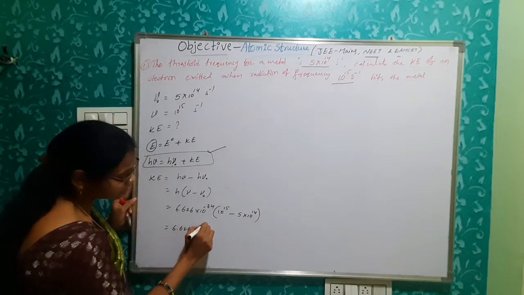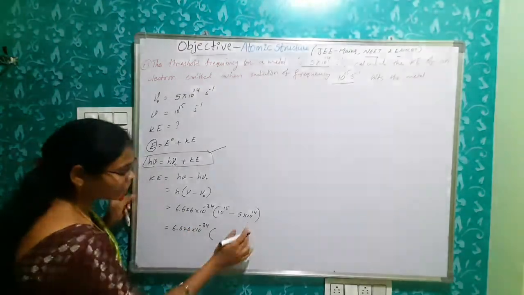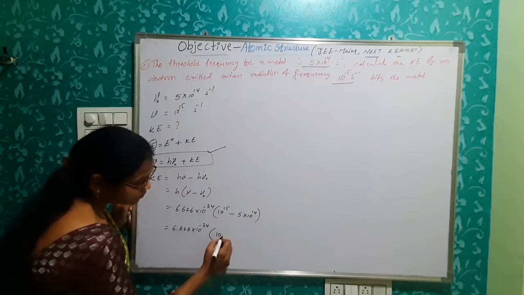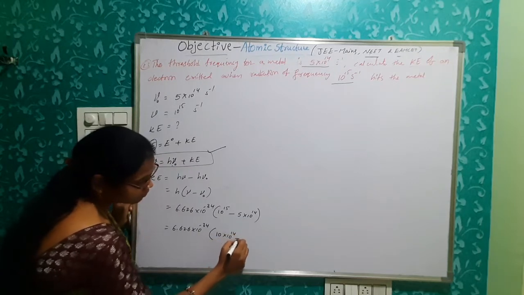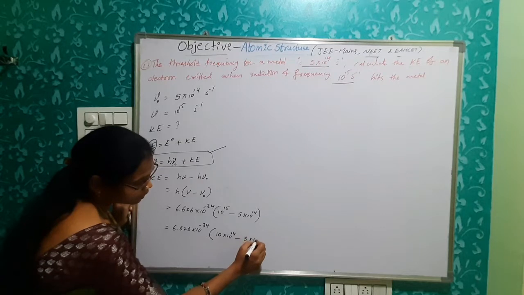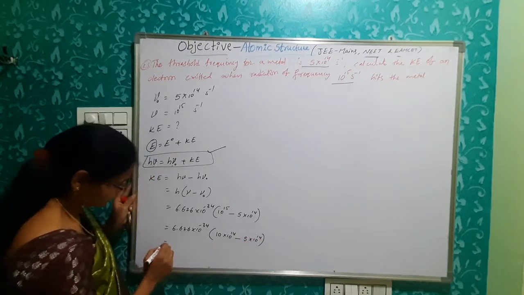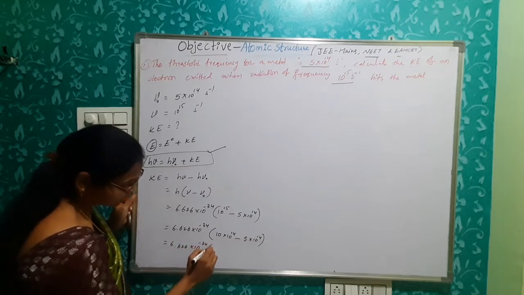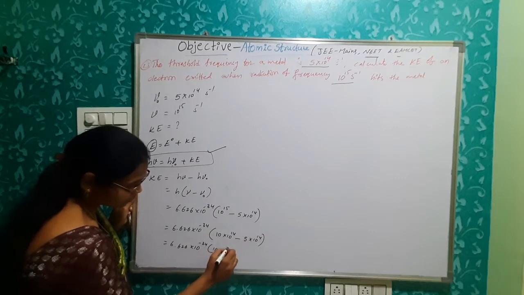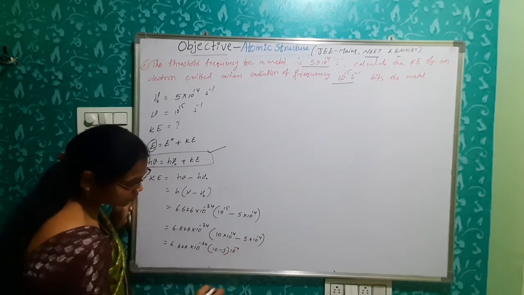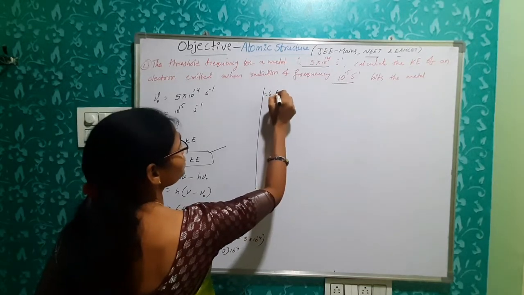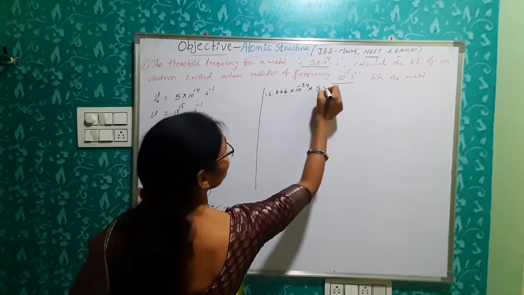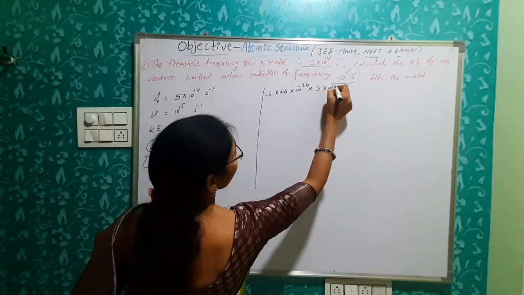So this is simply written as 6.626 into 10 power minus 34 joule second into 10 into 10 power 14 minus 5 into 10 power 14. 5 into 10 power 14 will be common, so 6.626 into 10 power minus 34 into 5 into 10 power 14.